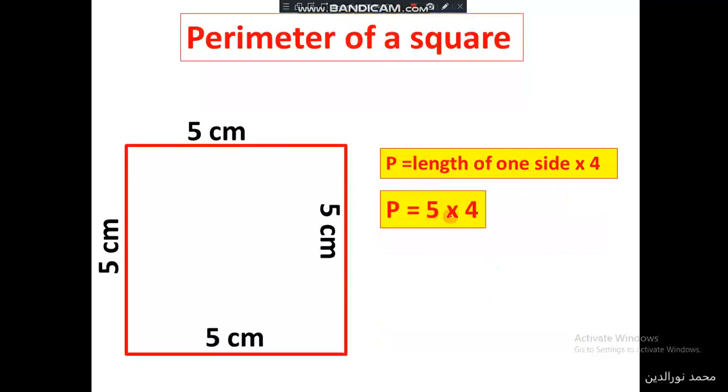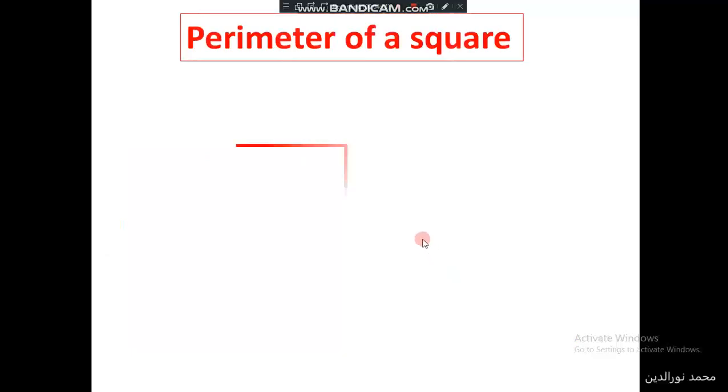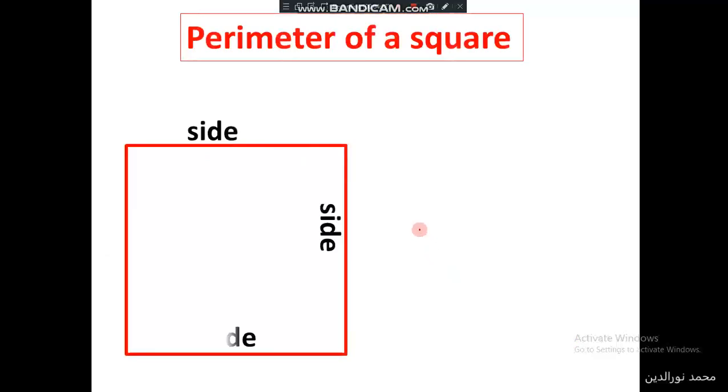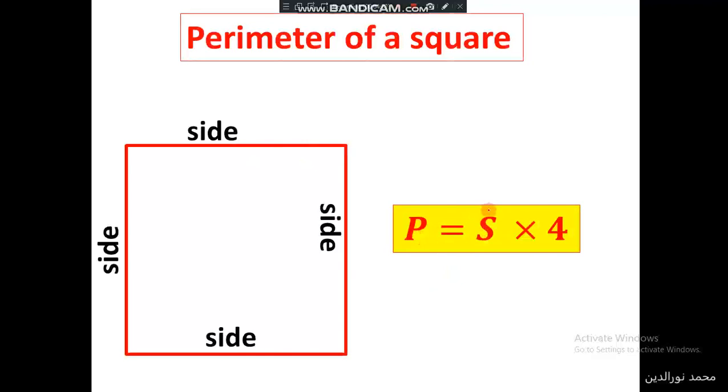So 5 times 4, since the length of one side is 5. 5 times 4 is 20 centimeters. So we could say in general, the perimeter equals the length of the side times 4, and we mean by S the side.